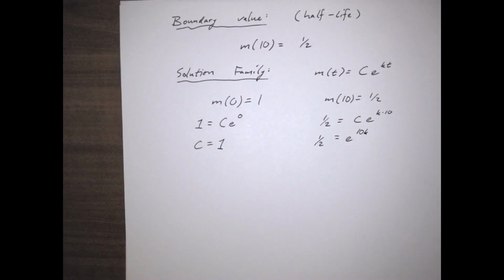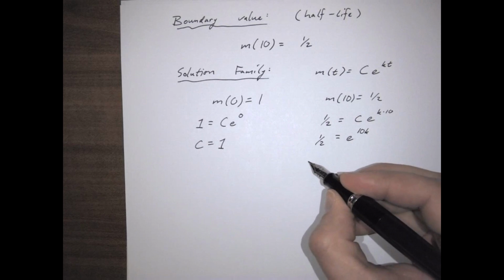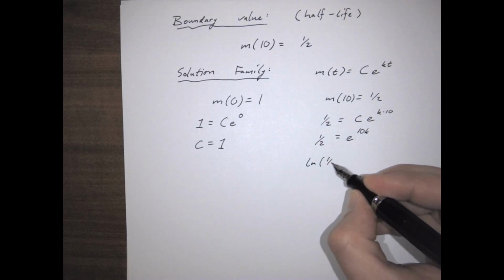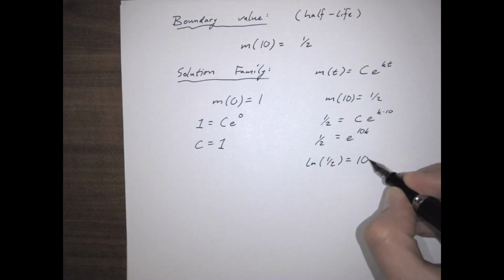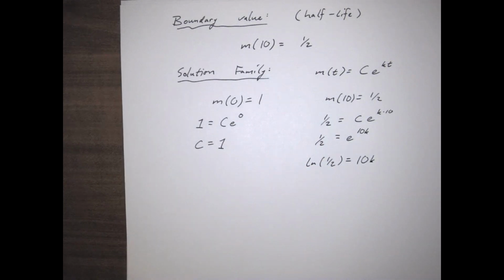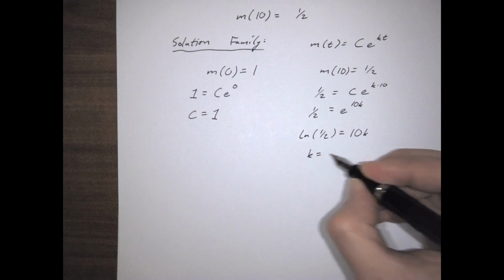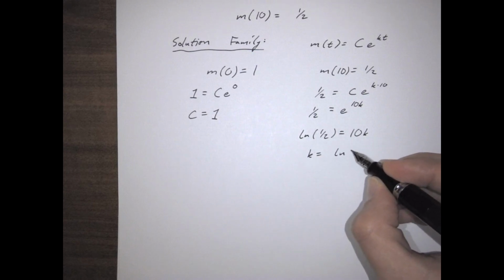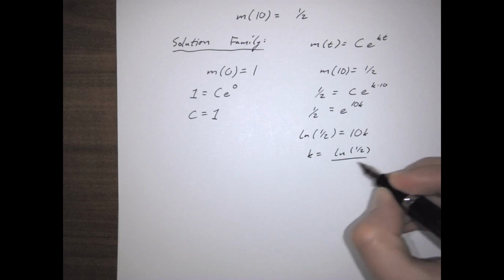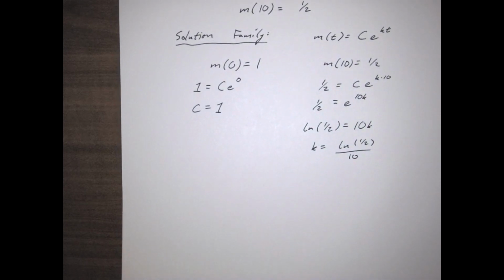And then to solve this for the k, we need to take the natural log of both sides, and then we can just divide by the 10. Which you could evaluate approximately using a calculator, but it's not really worth it because we are just about to try to answer our full question here.